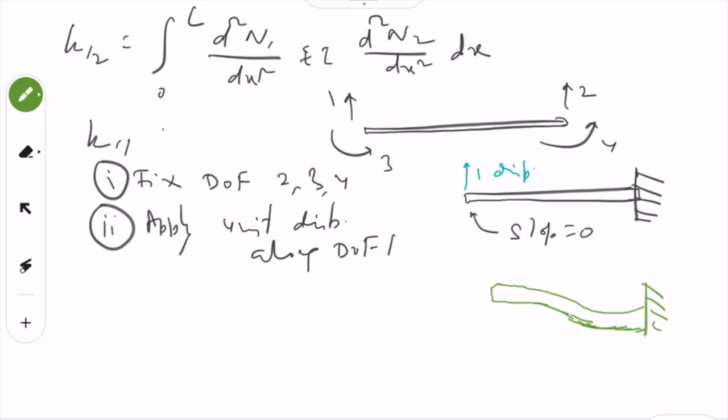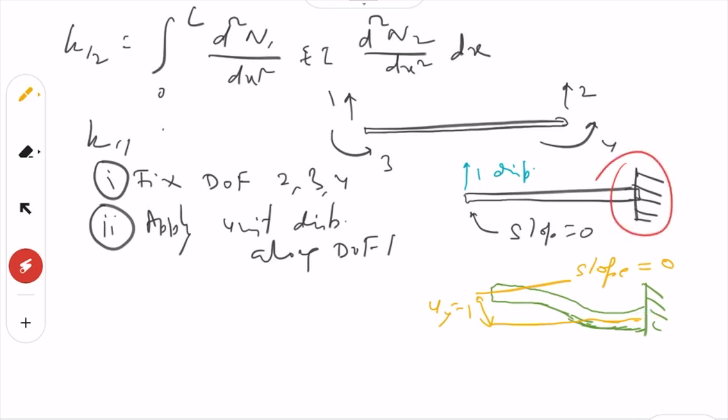Here the slope is still 0, because we wanted the slope to be 0. We have displacement from here to here of uy equal to 1. And here it is fixed, so the slope will be 0 and the displacement also is 0. Degrees of freedom both have been fixed here.